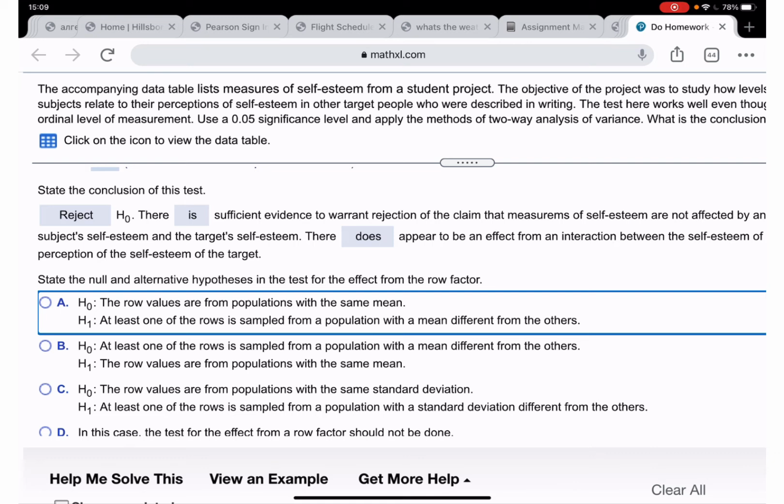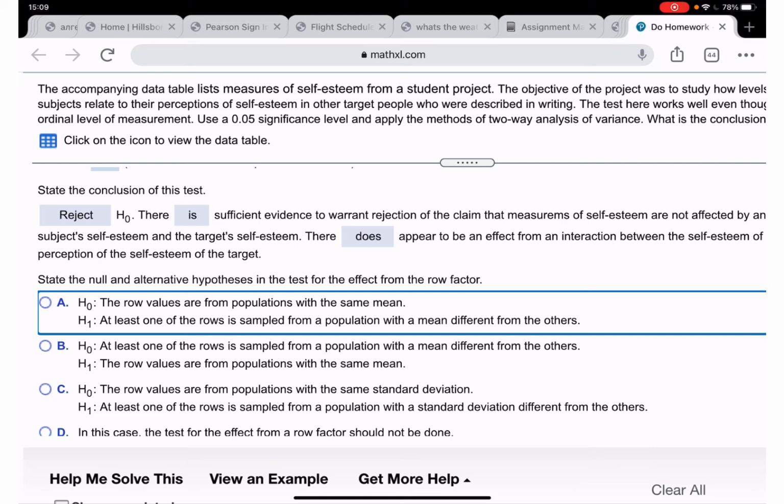So if there is an interaction between factors, the researcher should not consider the effect of either factor without considering those of the others. But if the researcher concludes that there is no interaction, which is not our case, then the researcher should move ahead with further hypothesis tests for the effect from the row factor and the column factor.